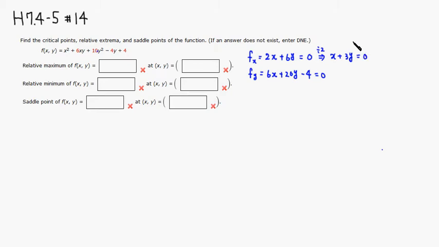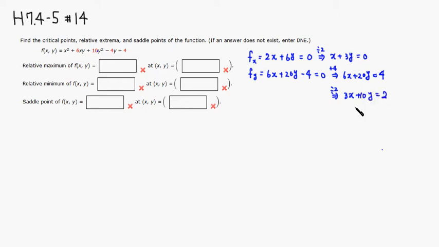For the second, I would put the negative 4 on the other side, so it becomes positive 4. So you have 6x plus 20y is equal to 4. Then I would divide through by 2 just like before, so it's 3x plus 10y is equal to 2.